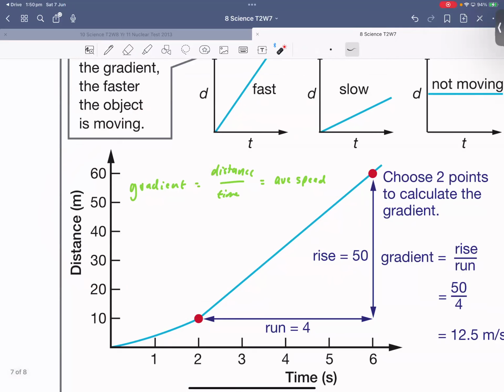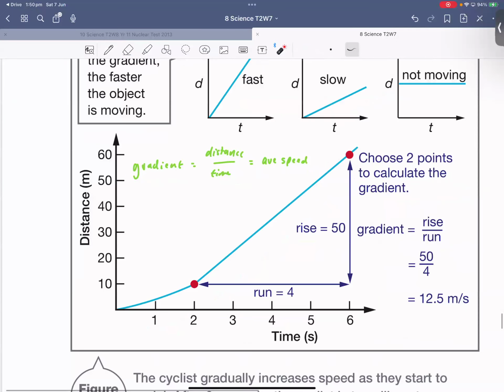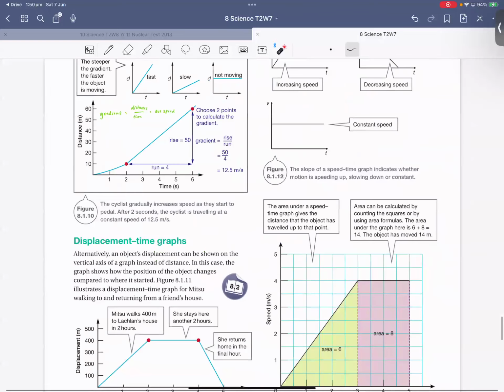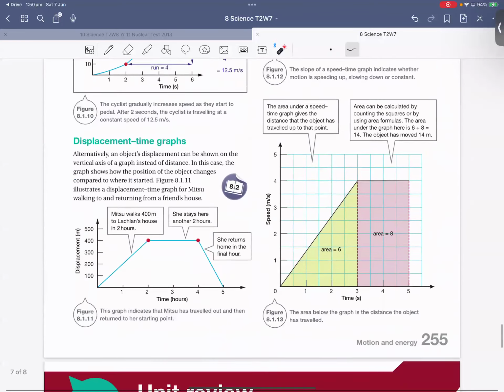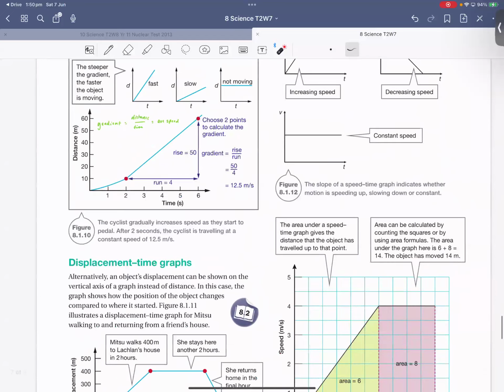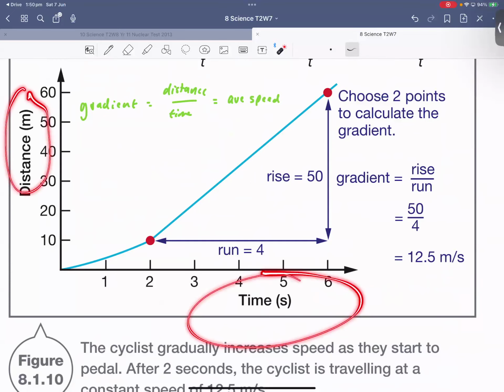It's a constant. That's the trick. If you want to find what the gradient of any graph means, divide your y by x. Whatever that meaning is, that is what your gradient means. The other question is, what does the area under the graph mean? To figure this out, just multiply your y-axis and x-axis. For example, what happens when you multiply distance by time?